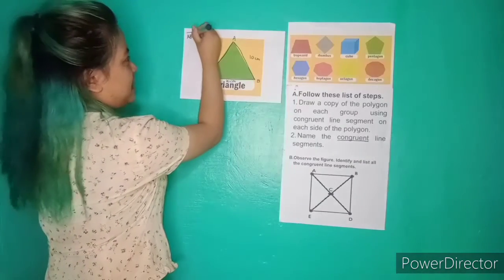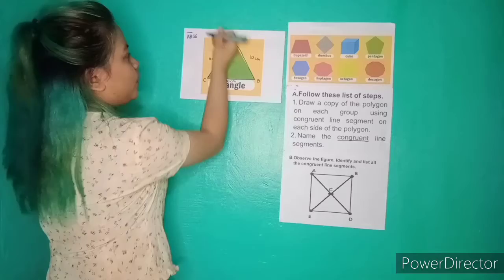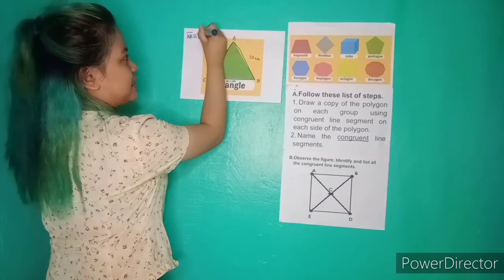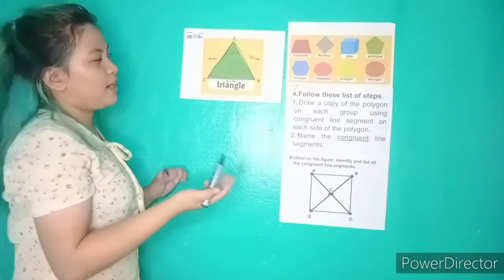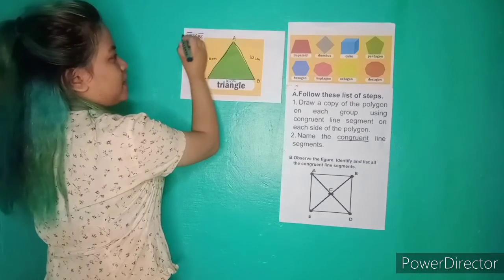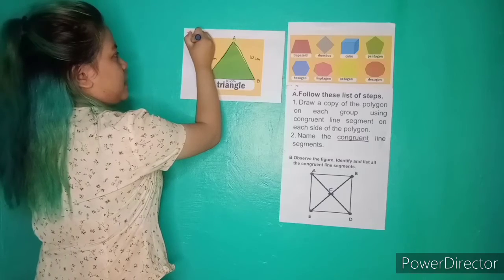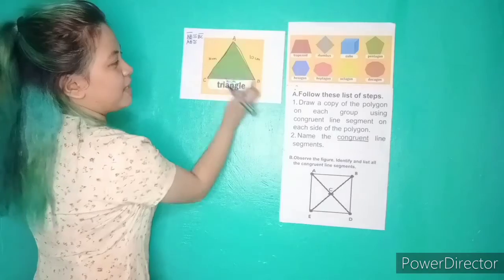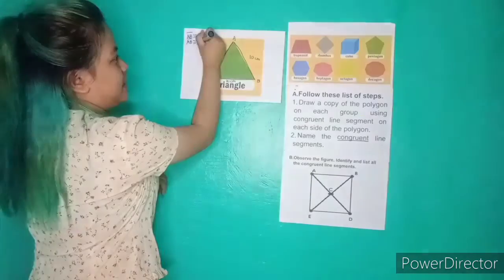Line segment AB is congruent to what here? Line segment BC. So where are the congruents? We have also line segment AB is congruent to line segment AC.